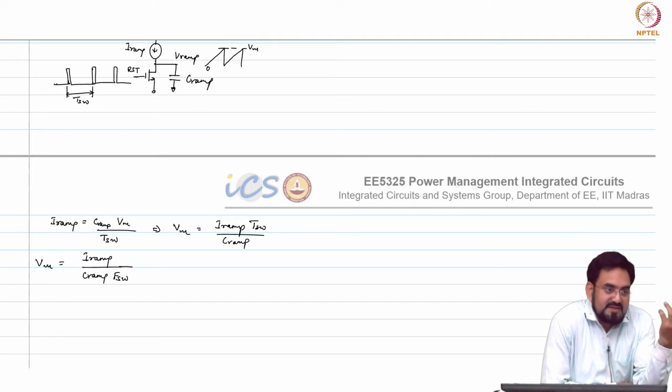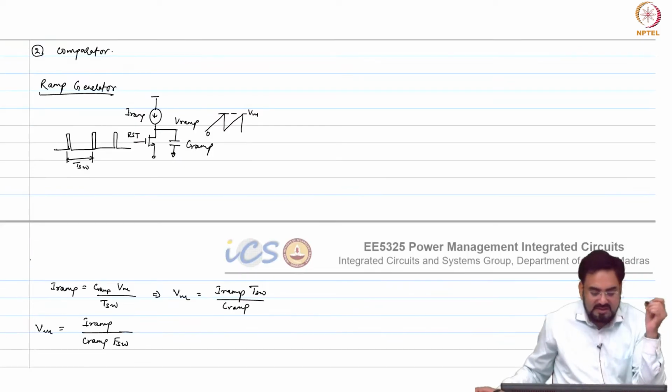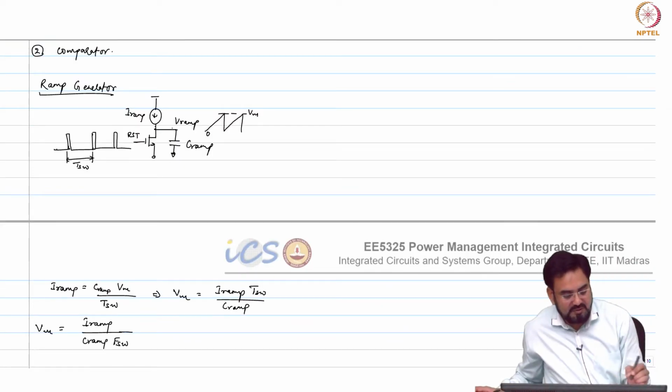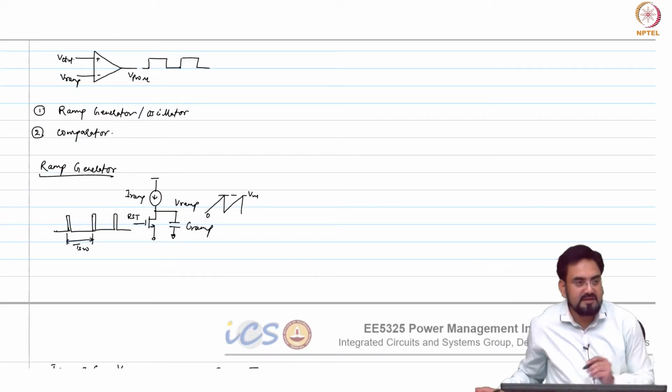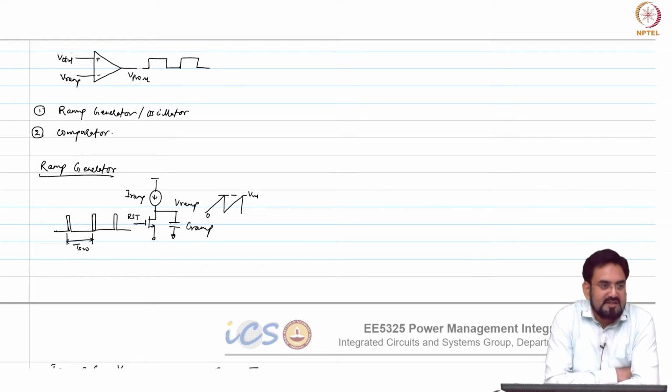FSW is fixed once you fix it, then you can choose IRAM, CRAM. So the smaller the CRAM, the smaller current you will require. But one thing you have to look into: this is going at the input of your comparator. So don't make it order of femtofarad, so that parasitics will kill it.